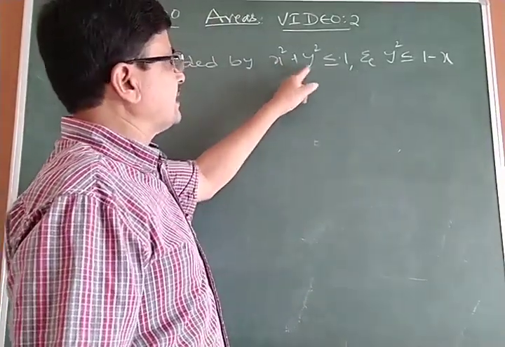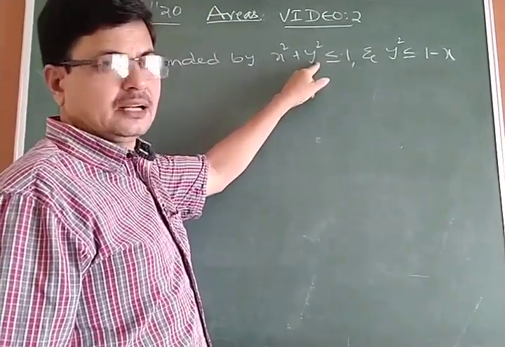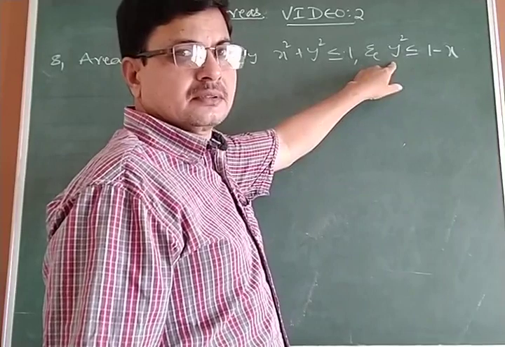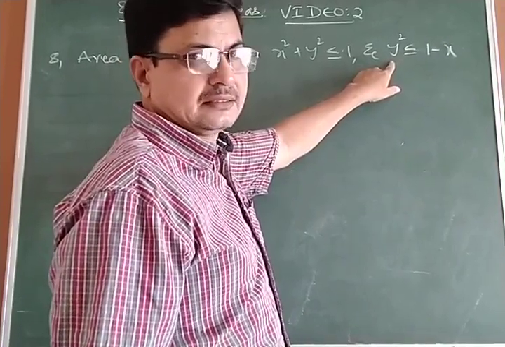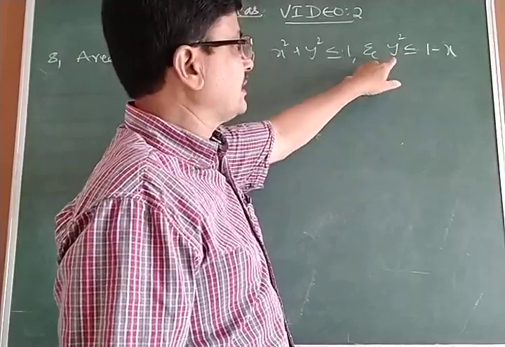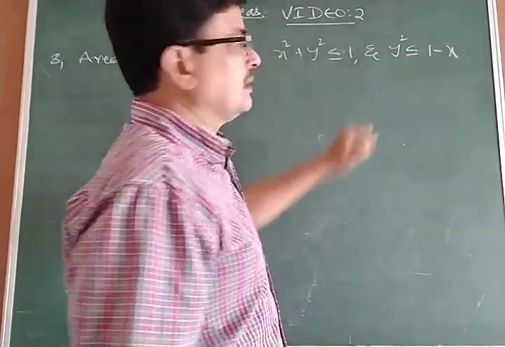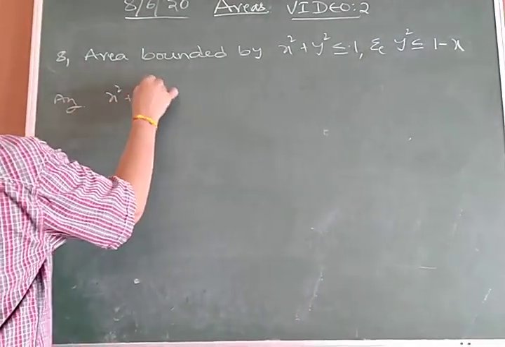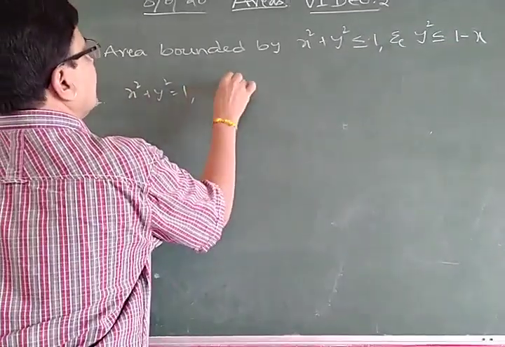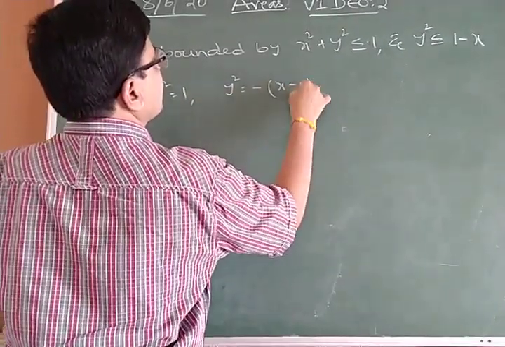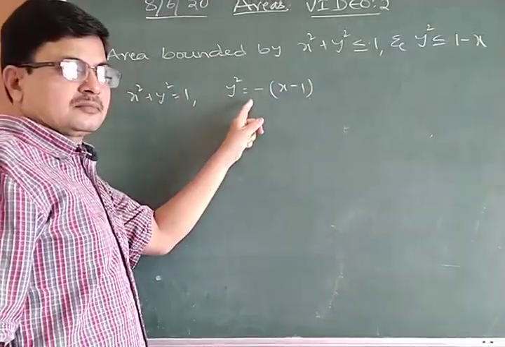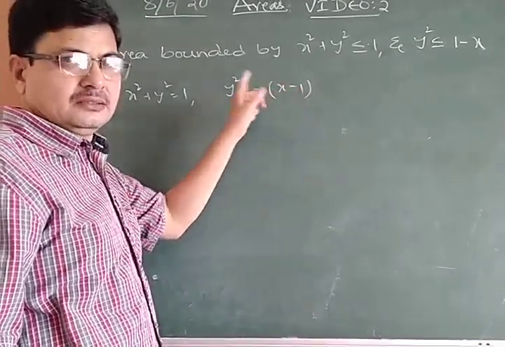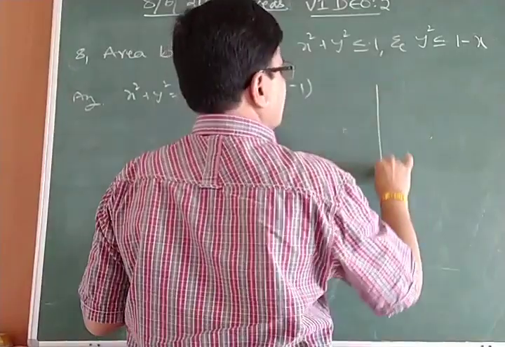That means this represents a circle with center origin and radius 1, and this represents a parabola which is symmetric about the negative x-axis. x square plus y square is equal to 1 represents a circle, and y square is equal to minus of x minus 1 is a parabola which is symmetric about the negative x-axis, and here the vertex is 1, 0. So the diagram is like this.